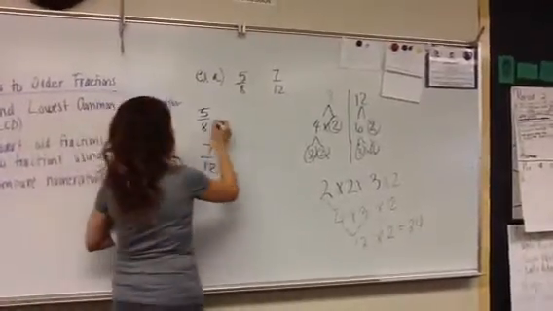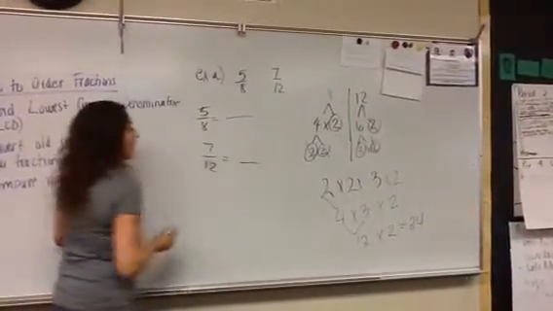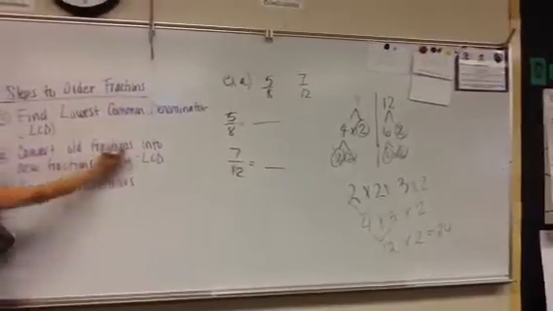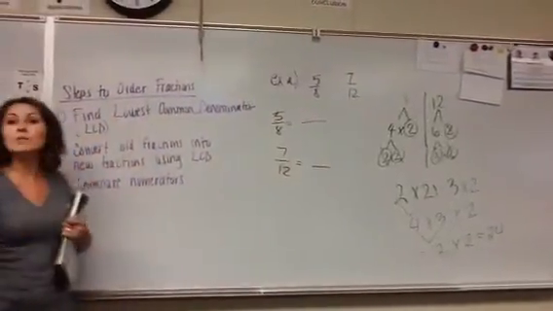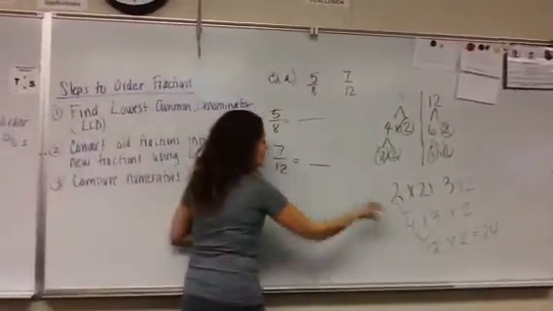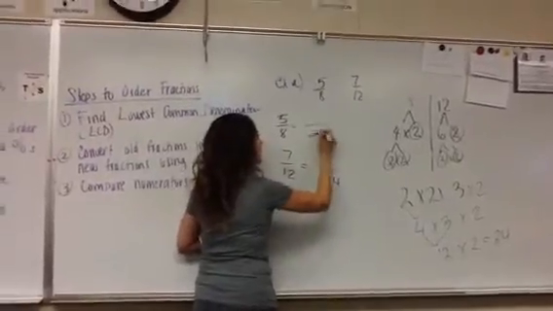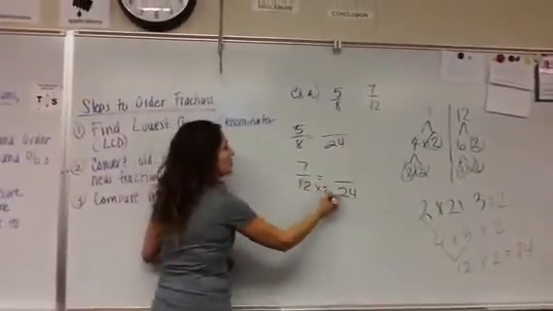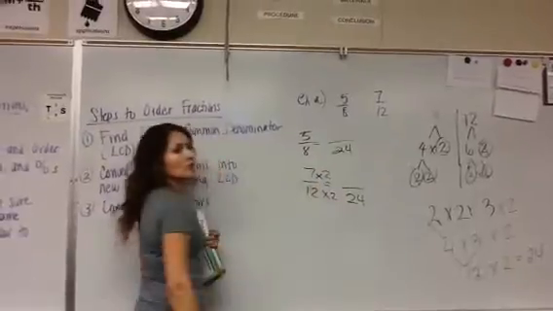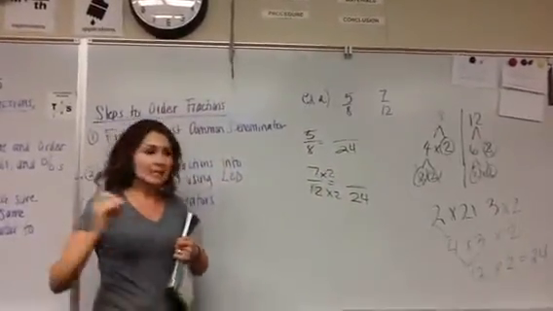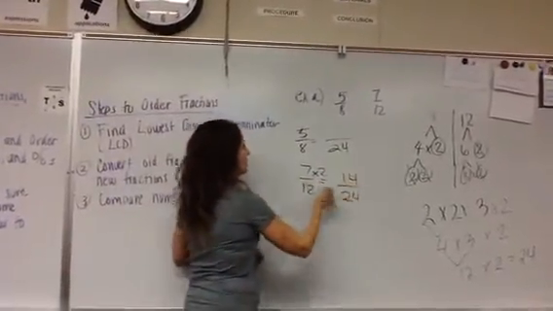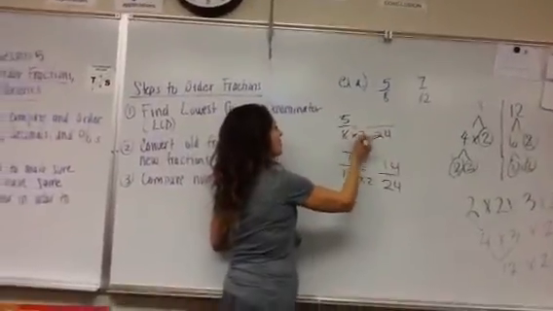So now my step 2 says convert old fractions into new fractions using my LCD. My LCD is going to be 24. Voila, right here. 12 times 2 gives me 24, and I do the same thing to the numerator. 7 times 2 is 14. 8 times 3 gives me 24.